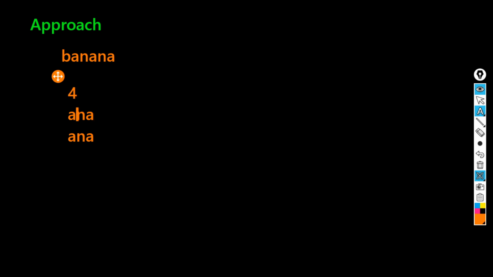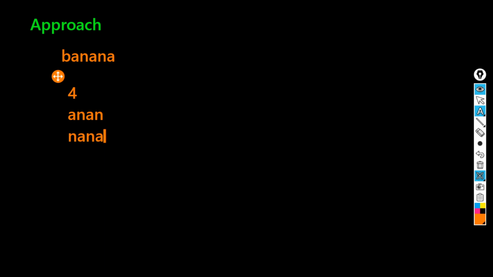This will be 4. Our first substring will be BANA. Now our second substring will be ANAN. So it is not equal. Next we take NANA. Now here it will be ANAN and here it will be NANA.